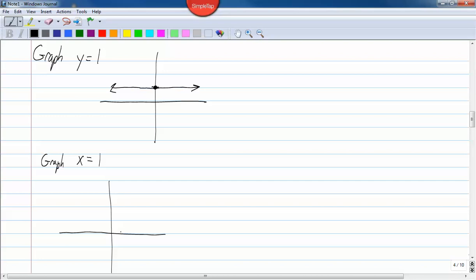To graph x equals 1, you do the same, except you go to where x is equal to 1, put a point, and you draw a vertical line. That's x equals 1. So y equals is going to be a horizontal line, x equals is going to be a vertical line.